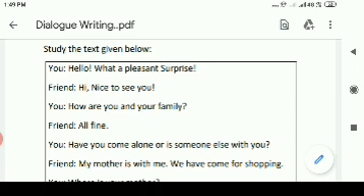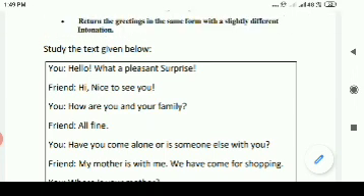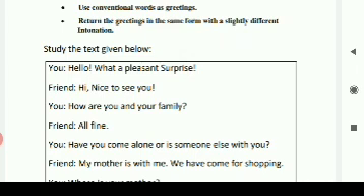There are colon, semicolon, note of exclamation, and pauses. Now see, you: Hello, what a pleasant surprise! After hello you have a note of exclamation, and after what a pleasant surprise, you again find a note of exclamation, right?